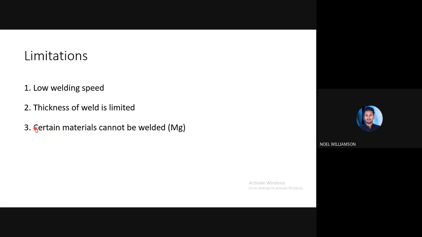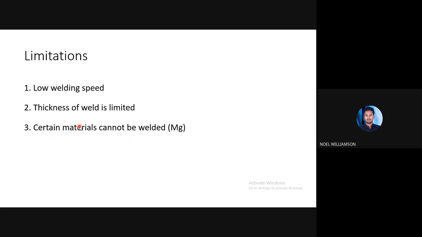So certain materials cannot be welded, only selective materials can be welded. That is the main disadvantage. So these are the main limitations. First one, low welding speed, then thickness of the weld is limited, and finally only certain materials can be welded using the process.